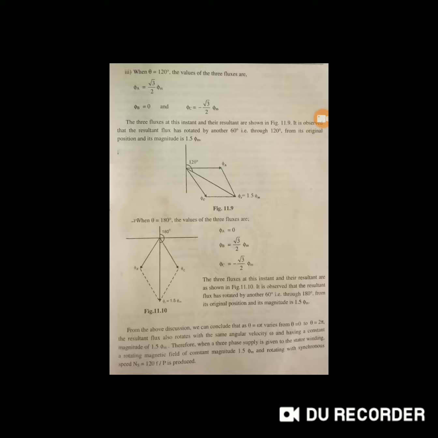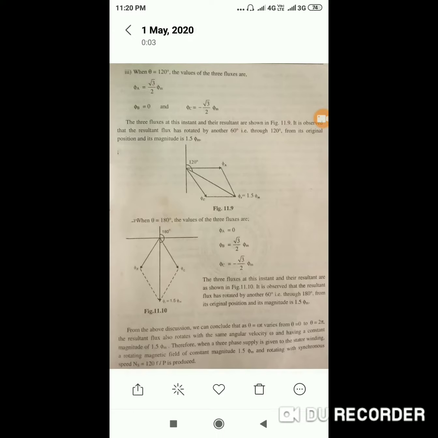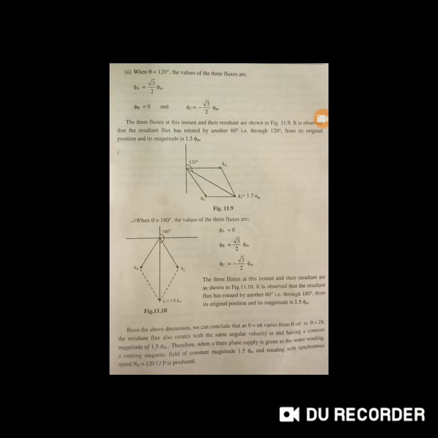Similarly, when you reach 180 degrees, theta equal to 180, that is omega t equal to 180 degrees, phi A is equal to 0, phi B is equal to root 3 by 2 into phi m and phi C is equal to minus root 3 by 2 into phi m.